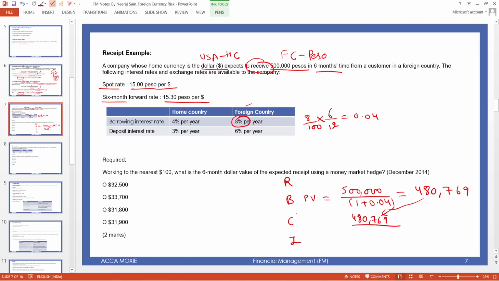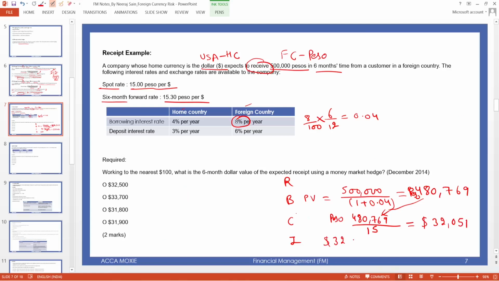This is peso, so we have to divide it by the peso rate, 15, which equals how much dollar? 32051. Then we have to invest that.